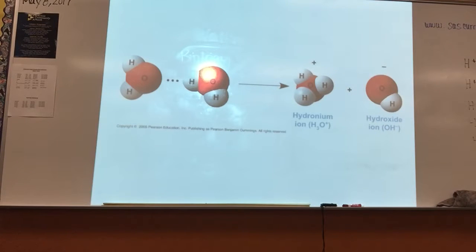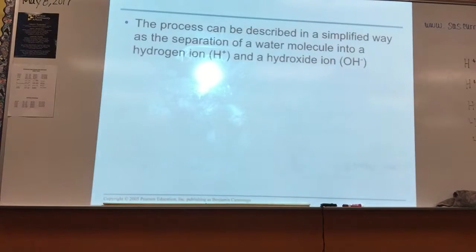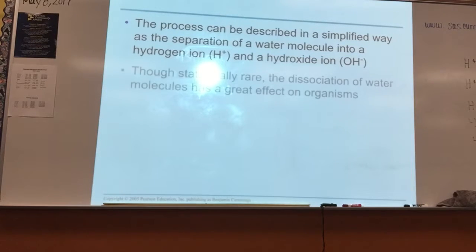This process can be described in a simplified way as the separation of a water molecule into H plus hydrogen and hydroxide, or OH negative, ions. The concentration of these relative to one another is the basis of the pH scale. It is statistically rare that this happens.